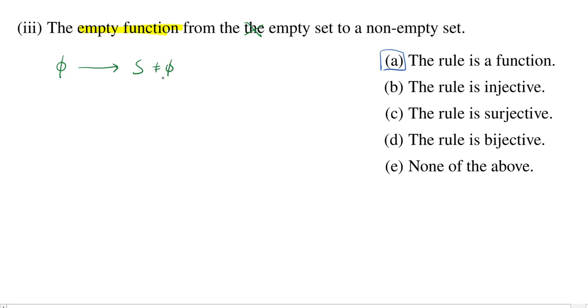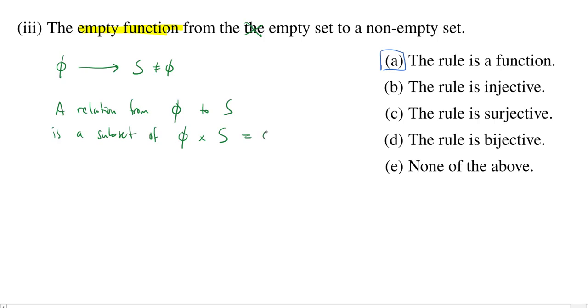Actually, in class we showed that it doesn't even matter if this was the empty set or not. But recall what this means. If we go back to the definition of a function in terms of relations, a relation from the empty set to the set S is a subset of the Cartesian product of the empty set with S. Now, a Cartesian product is pairs of elements where you take something from the empty set and something from S, but there is nothing in the empty set.